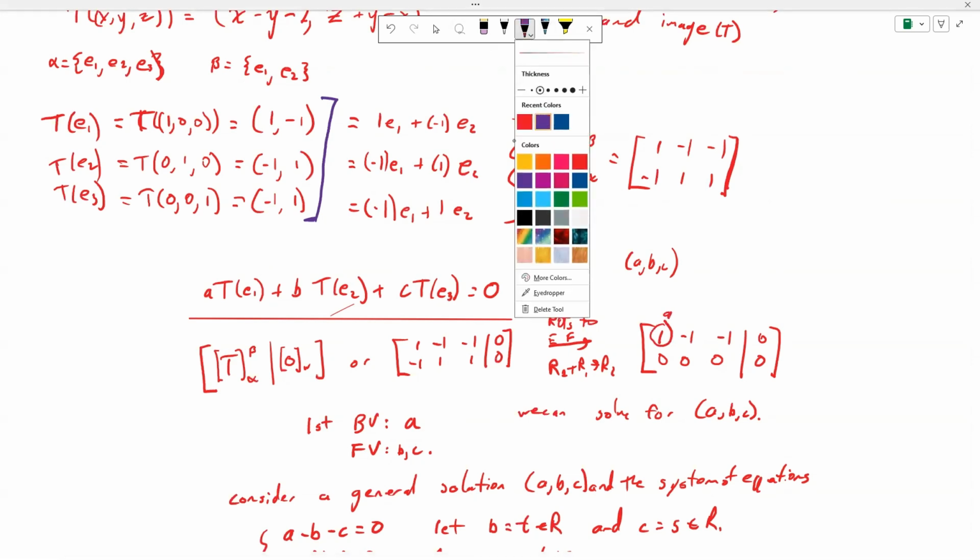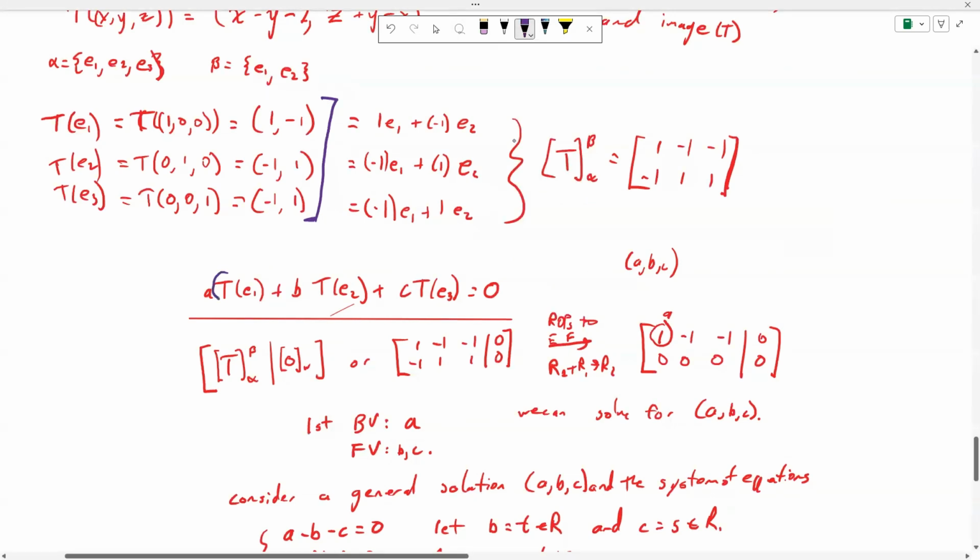So if I just take the vector that corresponds to A, the set containing T of E1 is a basis for the image. I just take those free variables, take what scalar they represent, and go and collect that vector.